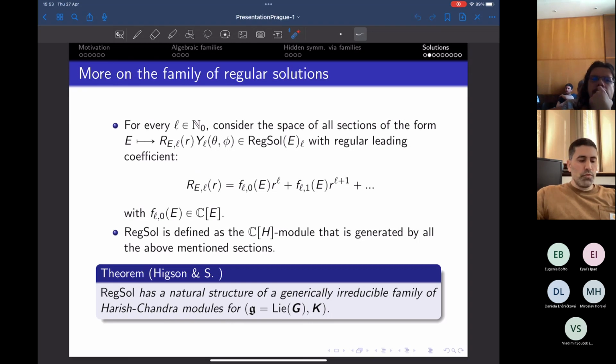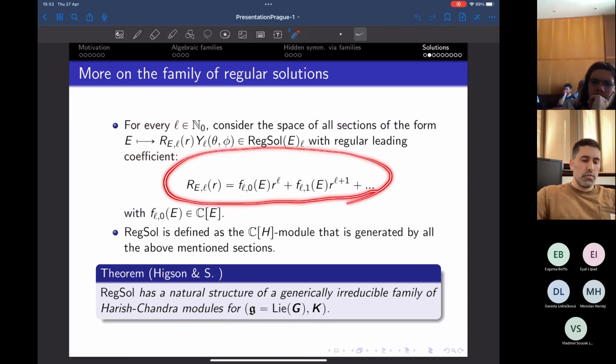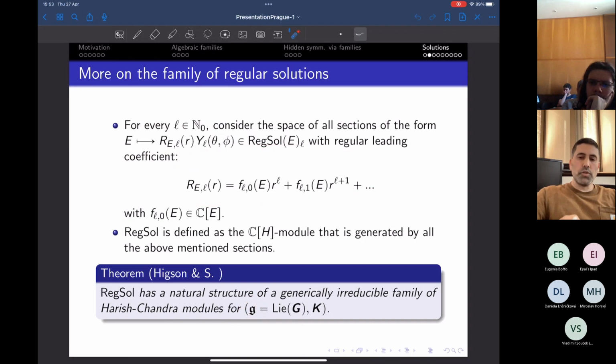But it is much more difficult to see that these functions are stable under the action of this family of Lie algebras that I concretely defined for you using those differential operators, L1, L2, L3, and R1, R2, R3. So the statement is that they form an algebraic family of Harishchandra modules for this family of pairs that we considered before, and more than that, it is generically reducible in some sense that you can easily guess.